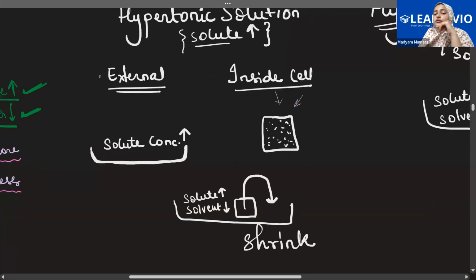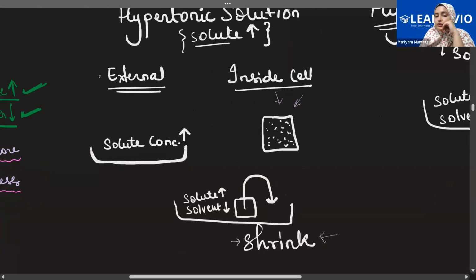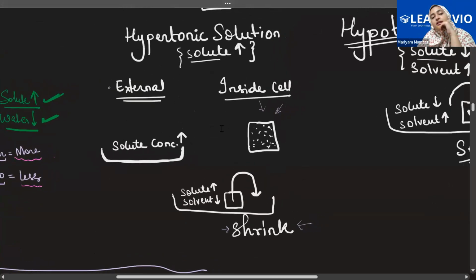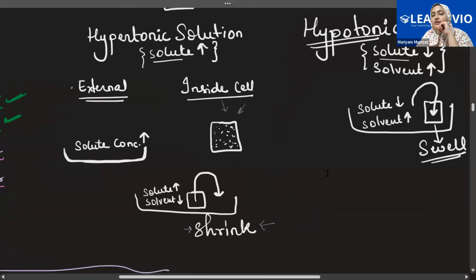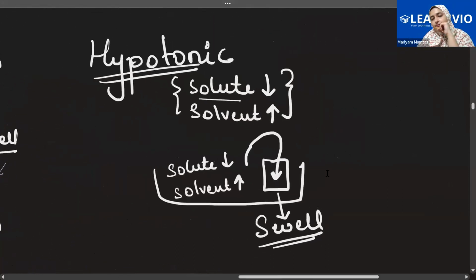And since the water moves out, the cell shrinks. So whenever someone asks you what will happen to the cell if you keep it in a hypertonic solution, you will say that the cell will shrink. Now just the opposite of this case is the hypotonic solution. It will swell.